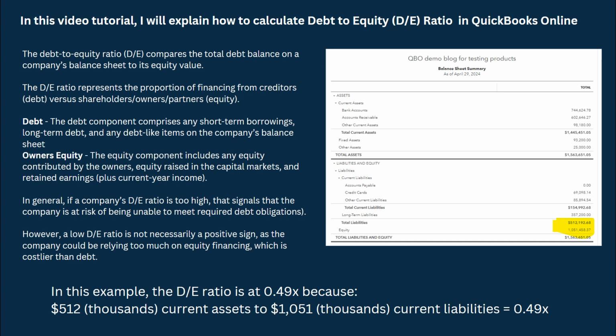But on the other hand, if it's low, it's not necessarily a positive sign, as the company could be relying too much on equity financing, which is costlier than debt. What does that mean? Okay, the bank is not giving you a loan, or you don't want to get a loan from the bank, and you just borrow from your uncle, and now the uncle is part of your ownership.